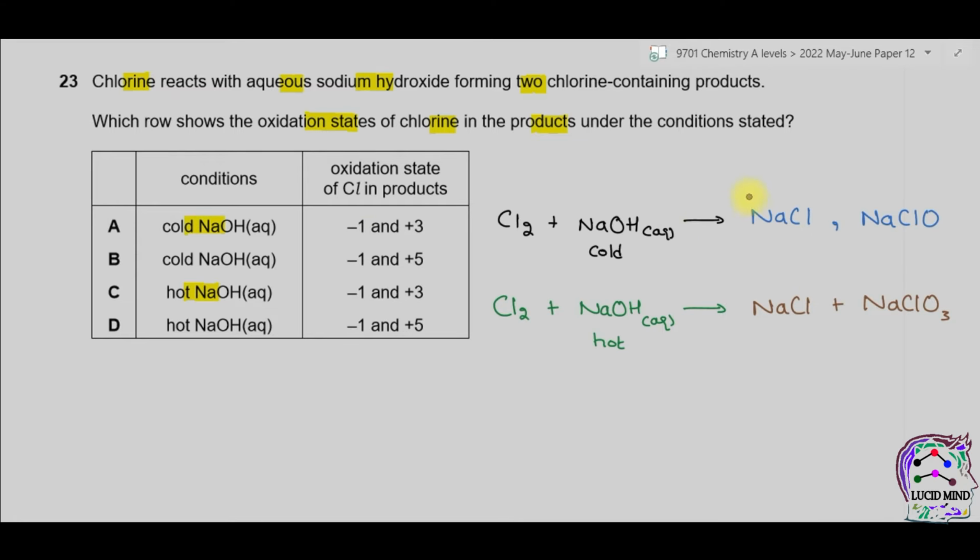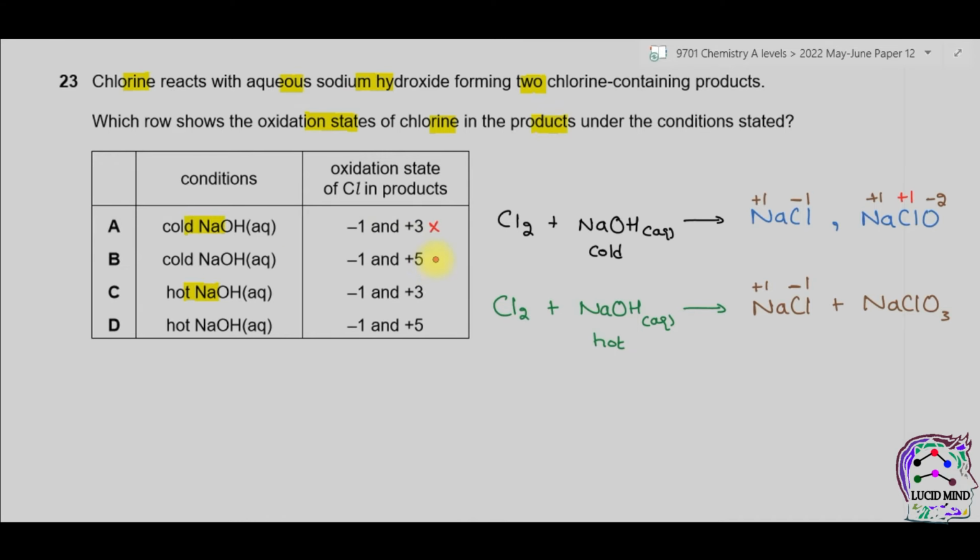With cold sodium hydroxide we have -1 and +1. With hot again we have -1 and something else. One of them is -1. Now in NaClO we have one sodium, one chlorine, one oxygen. As oxygen is -2 and sodium is +1, in order to balance negative and positive charges, chlorine must be +1. So we should have +1 and -1 in cold sodium hydroxide.